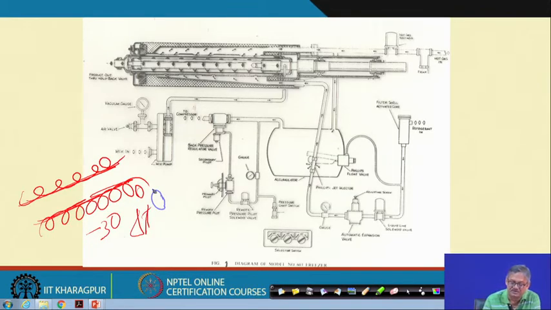So if this is an ice cream mix molecule, it comes here at the entry, then goes to the wall and gets solidified.